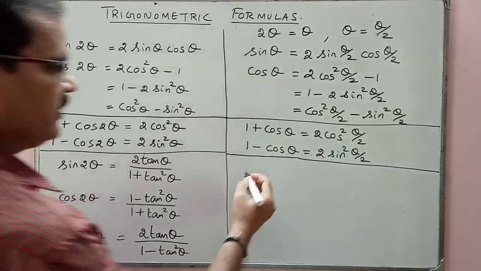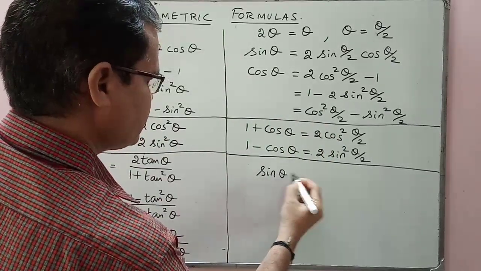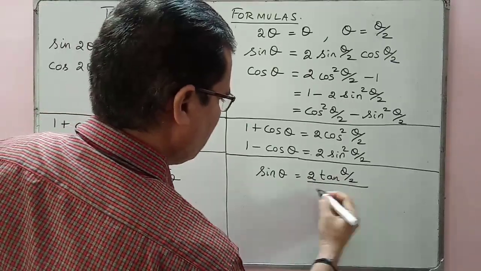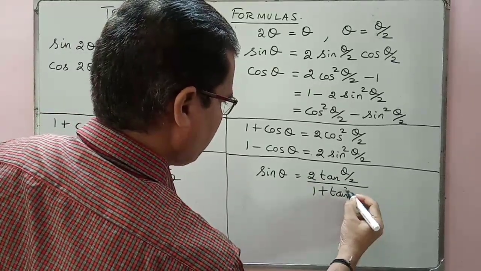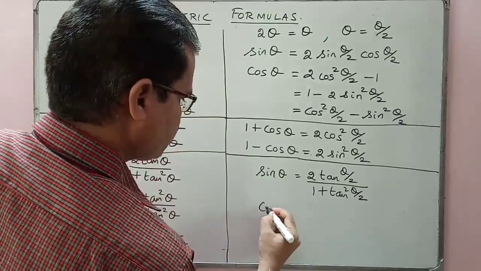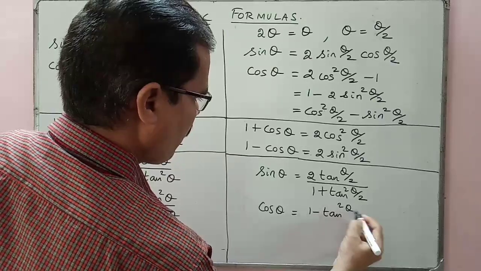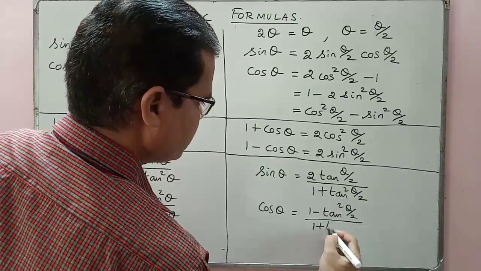Can you try the other one? Yes, sin theta is equal to 2 tan theta by 2 by 1 plus tan square theta by 2. Cos theta is equal to 1 minus tan square theta by 2 by 1 plus tan square theta by 2.